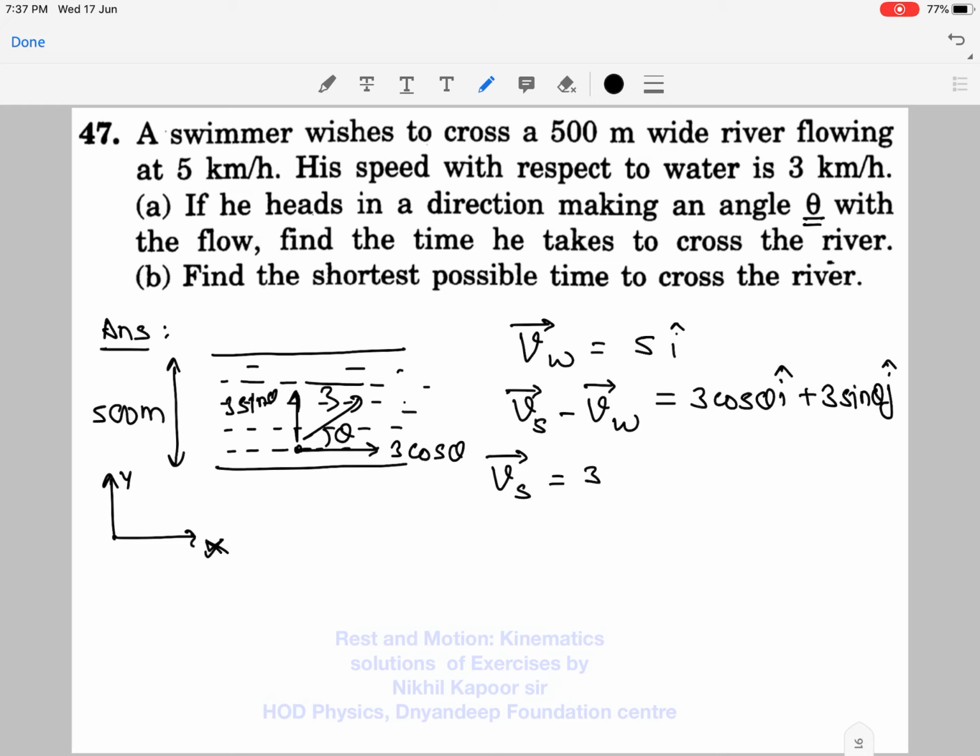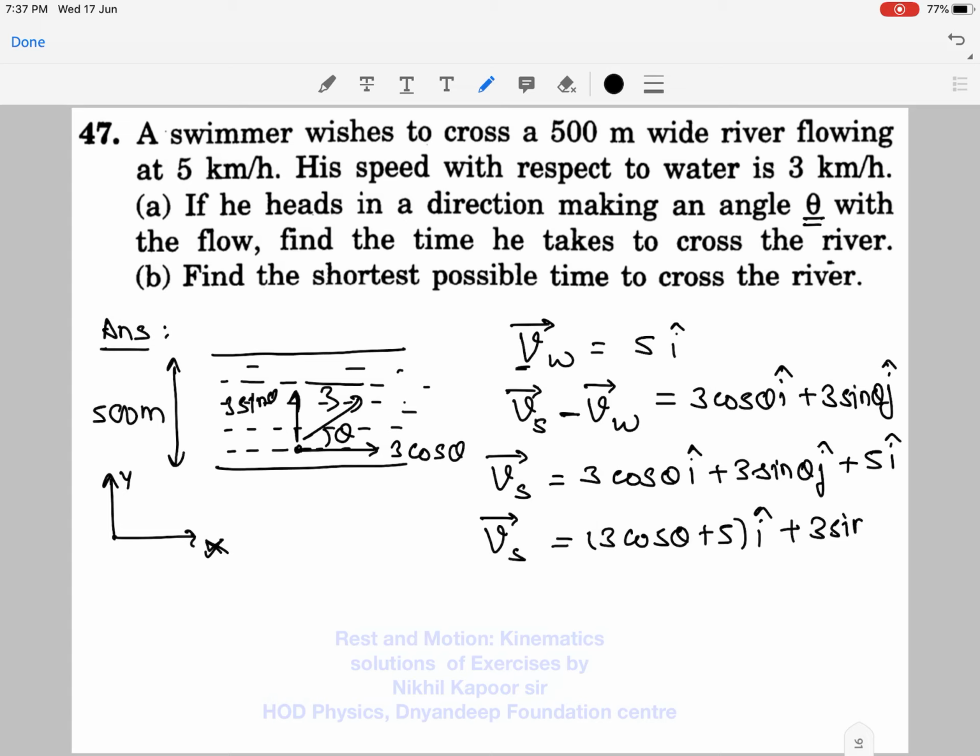So the velocity of swimmer is 3 cos theta i cap plus 3 sin theta j cap, and this minus will go there, it becomes plus, and it becomes 5 i cap because velocity of water is 5. So the velocity of swimmer is (3 cos theta plus 5) i cap plus 3 sin theta j cap.